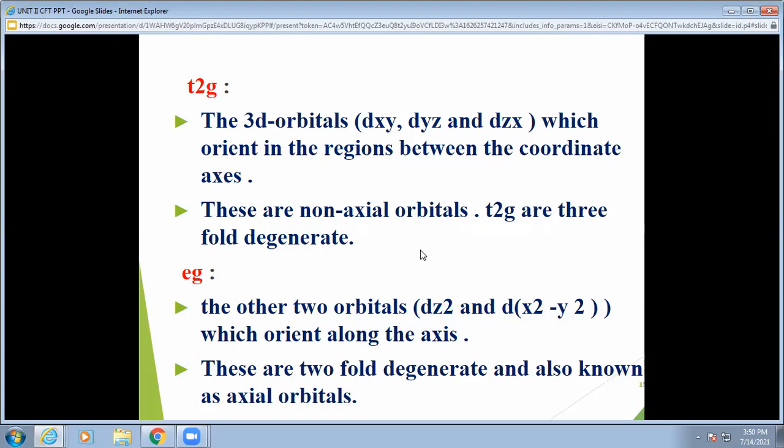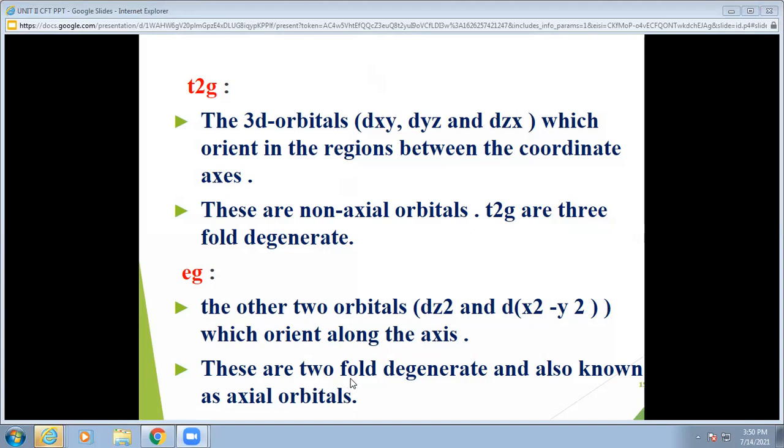Eg is doubly degenerate and T2g is triply degenerate. These three, dxy, dyz, dzx, are called the T2g orbitals. What about the Eg orbitals? dz square and dx square minus y square orient along the axis.